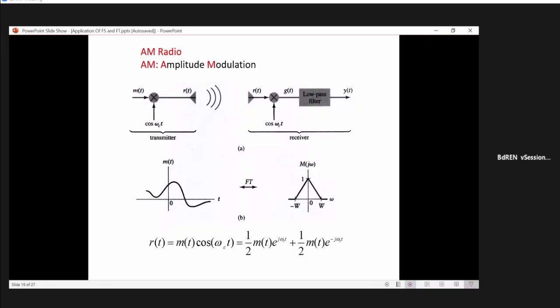Then this can be transmitted from one place to another, either by using wired media or wireless transmission. One such modulation technique is amplitude modulation. It is widely used, probably the earliest type of modulation we use. Still, it is being used.